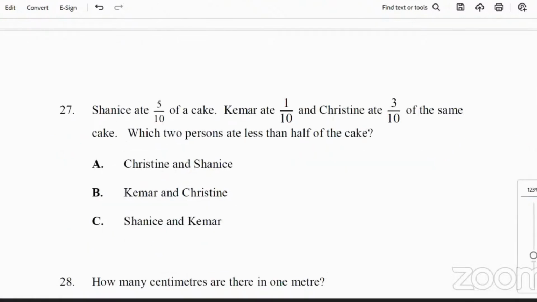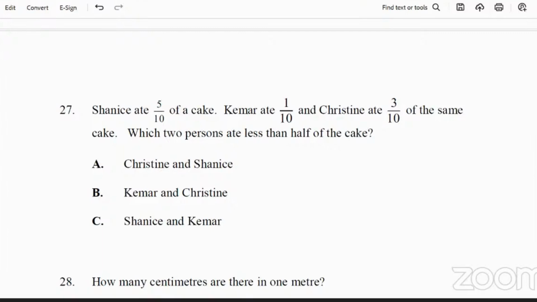Shanice ate 5/10 of a cake. Kamar ate 1/10. And Christine ate 3 out of 10 of the same cake. Which 2 persons ate less than half of the cake? All right. So if Shanice ate 5 out of 10, guys, that's equivalent to a half.